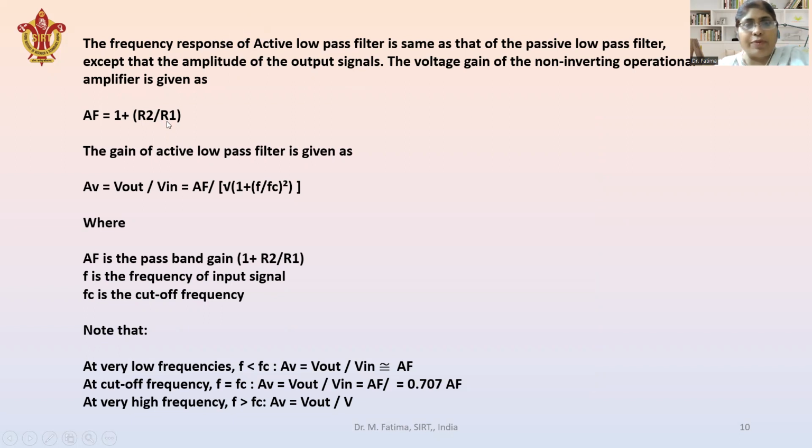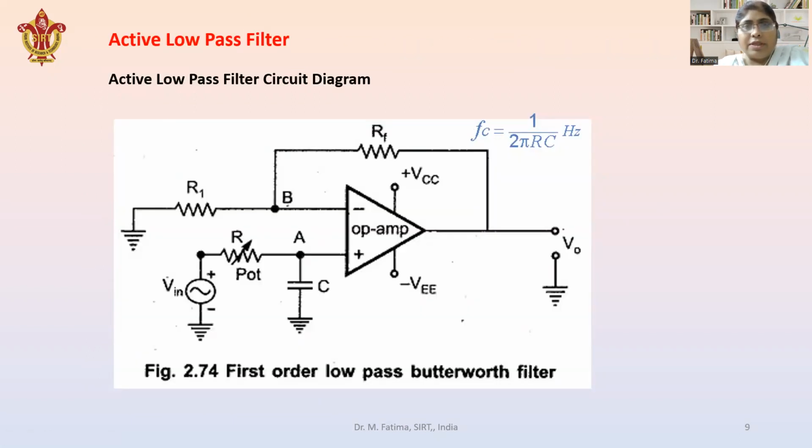Since the input is given to the positive terminal of the op amp, this acts as a non-inverting amplifier. So the gain of the non-inverting amplifier, and here also, is 1 plus RF upon R1.